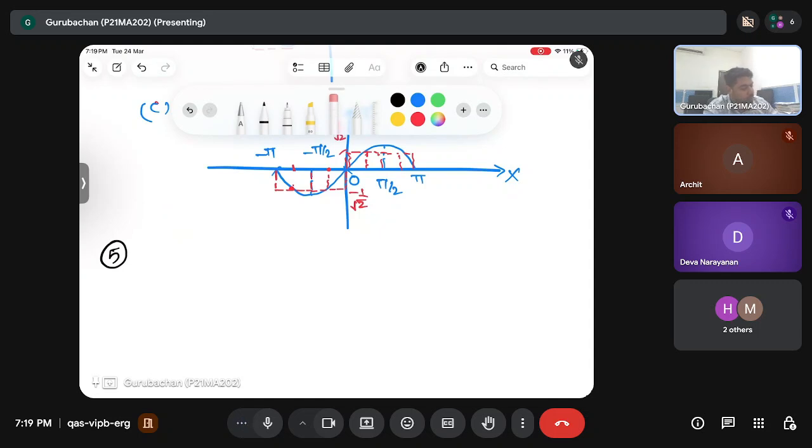So express the limit as a definite integral.